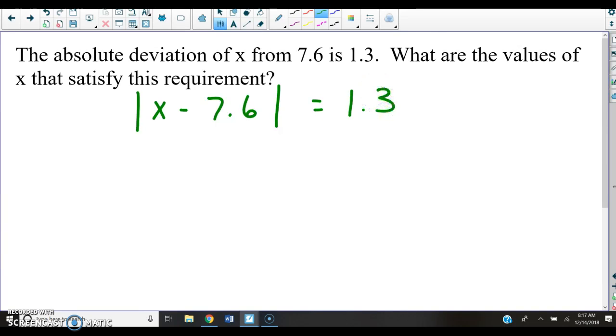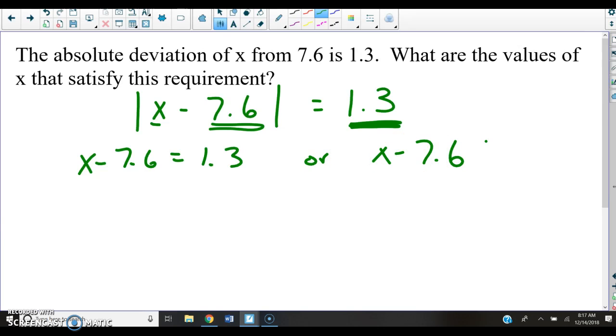Again, it's the same type of thing, but realize this is the unknown, this is the given value that we want it to be, our target value, and this is how much you can be off. So x minus 7.6 equals 1.3, or x minus 7.6 equals negative 1.3.